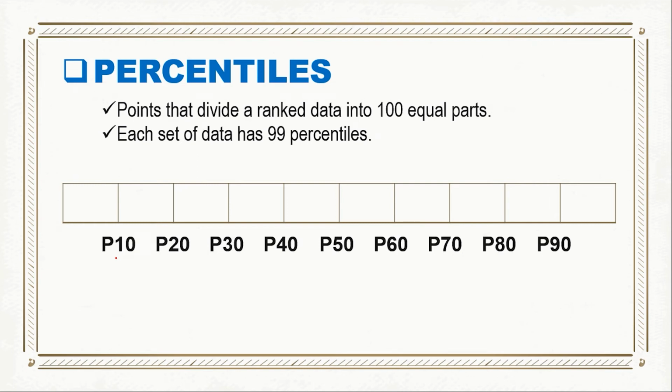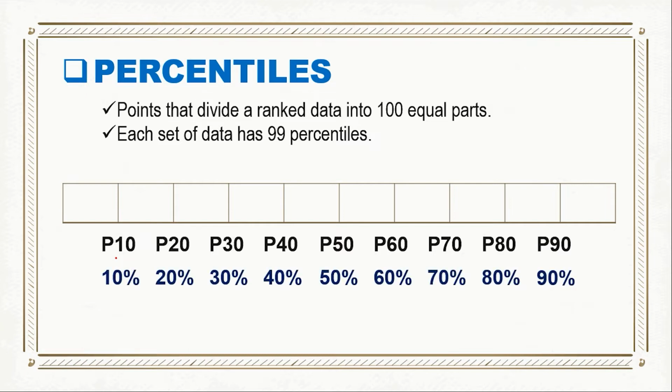For example, the 10th percentile is equivalent to 10%, P20 is equal to 20%, and so on and so forth. Here, class, the value of the percentile we are looking for is also the equivalent percentage. For example, the 56th percentile is equivalent to 56%.